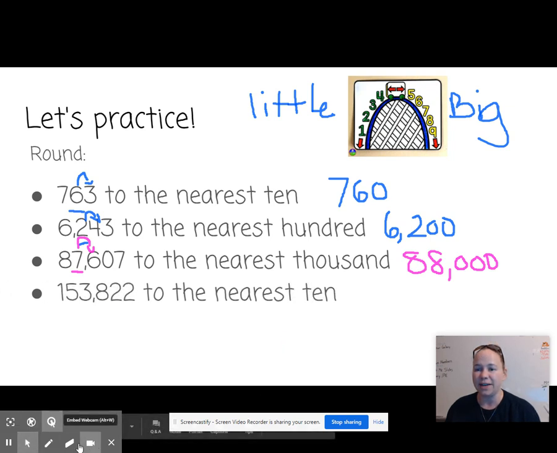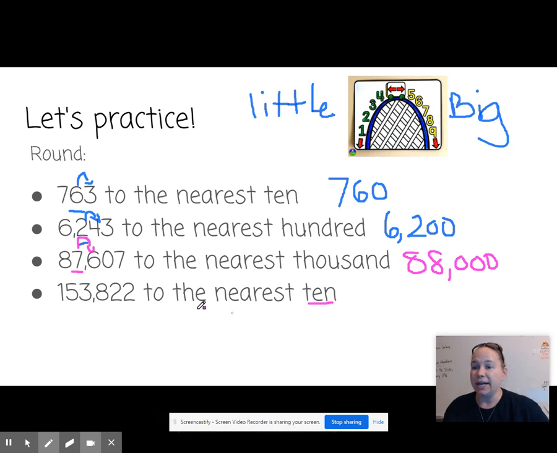Let's try this one together. Round it to the nearest 10. Okay, so 1's, 10s. Here's my 10. I'm going to make an arrow to the right. 0 to 4. Well, that 2 is a little teeny tiny number, so that means the 2 doesn't get pushed up. It stays. So 153.